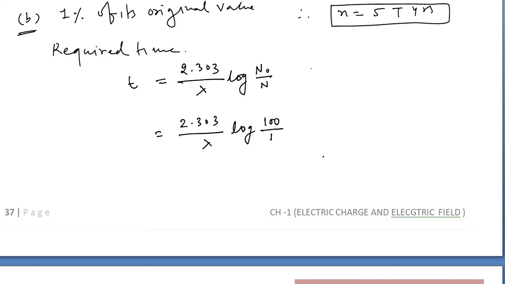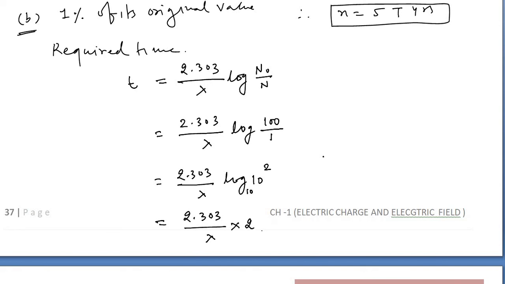So this can be written as 2.303 upon lambda multiplied by log 100 upon 1, which is log 10 base 10 squared. So we know that log 10 base 10 is equal to 1, so it becomes 2.303 upon lambda multiplied by 2.